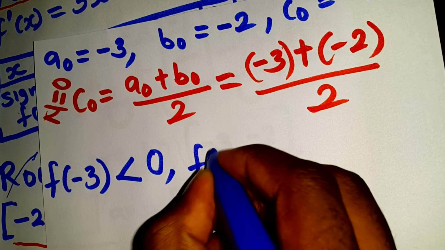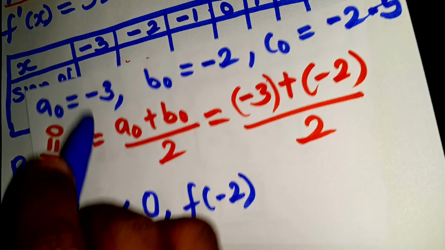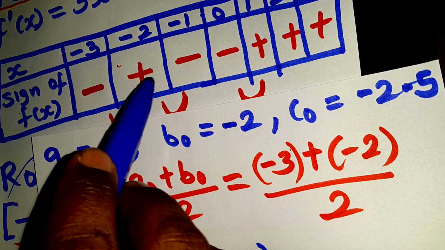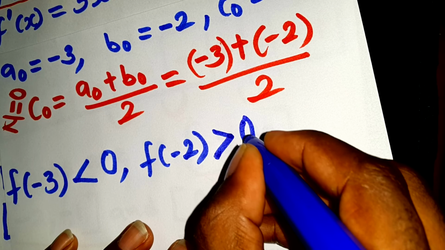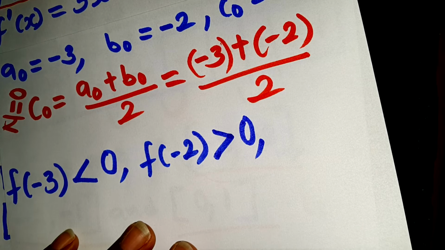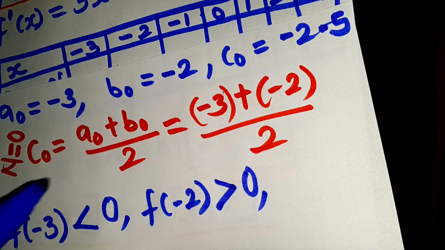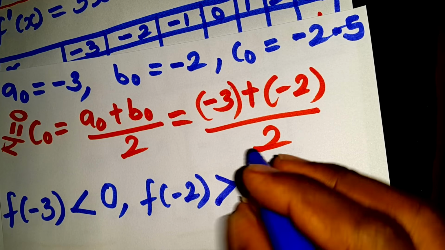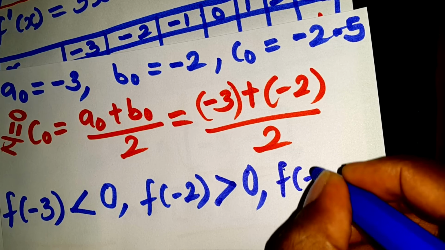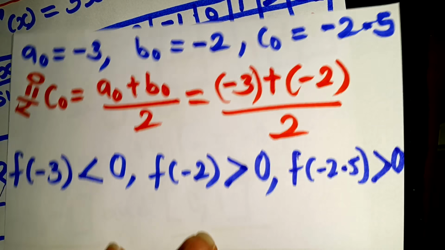Then f of minus 2, if you plug minus 2 into our function, we find it here to be positive, greater than 0. Then we plug in our minus 2.5, and if you do that, you'll find that your answer is positive as well. So f of minus 2.5 is also greater than 0.